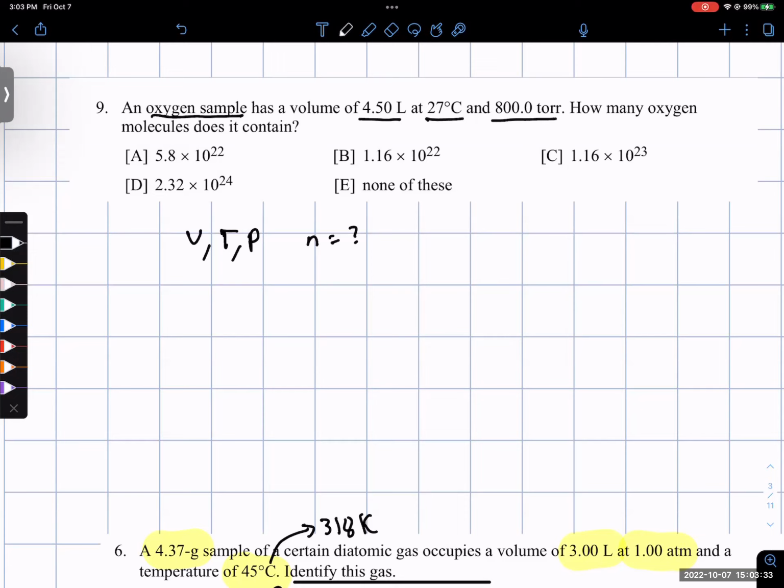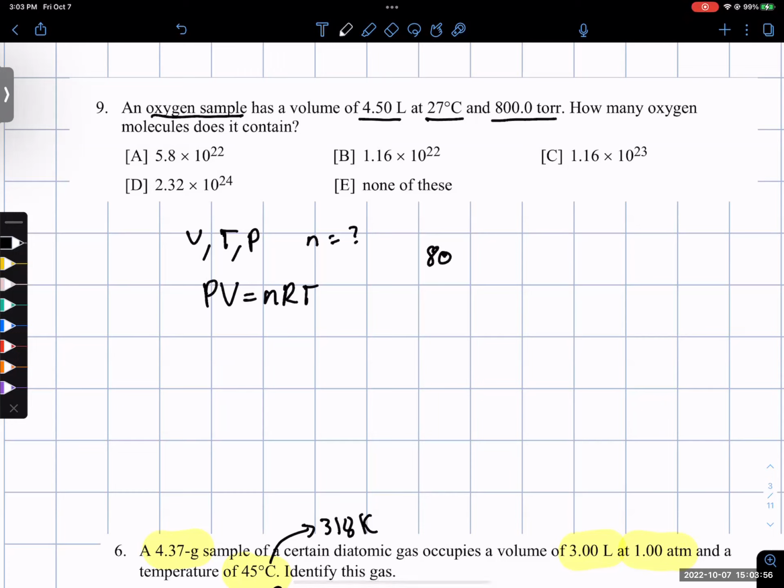Yeah, the ideal gas law. Well, you went the extra mile and plugged everything in. Let's start from the beginning. PV equals nRT, our ideal gas law. Our pressure, right, is 800 torr. Do we want torr or do we want atmospheres? Atmospheres, exactly.